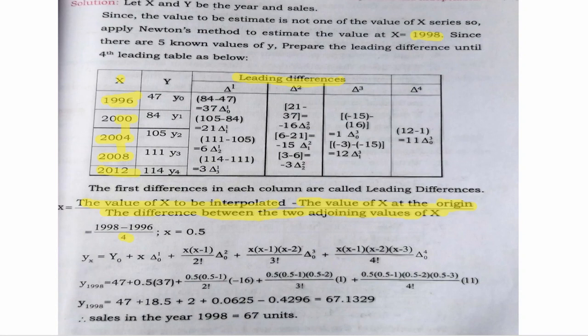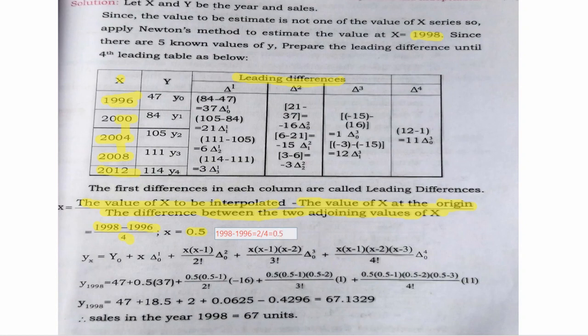So the interpolated value is 1998 and the value at the origin is 1996, divided by 4. So 1998 minus 1996 divided by 4: 98 minus 96 is 2, and 2 divided by 4 is 0.5.